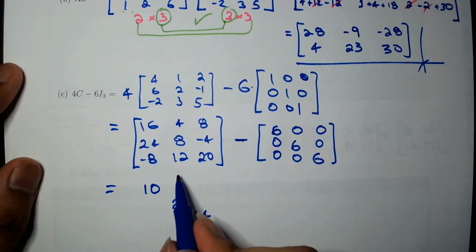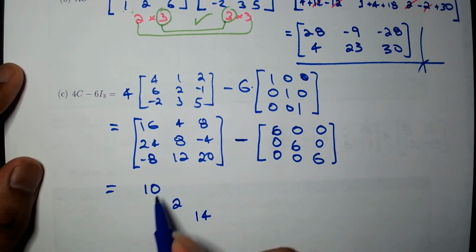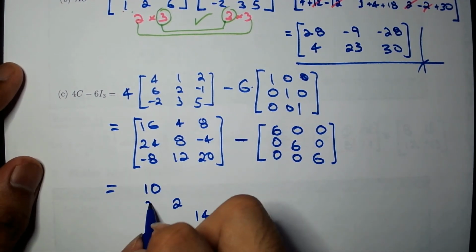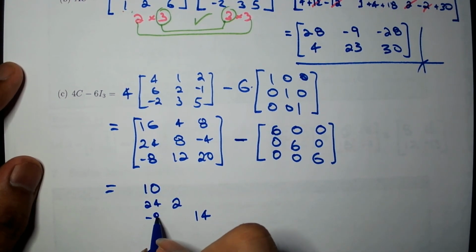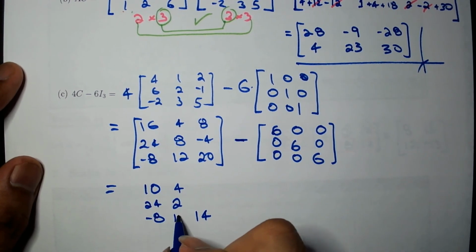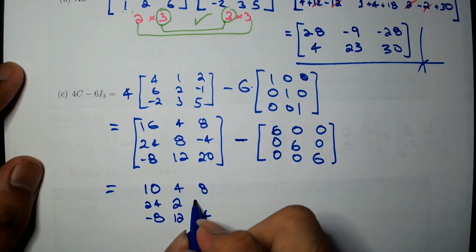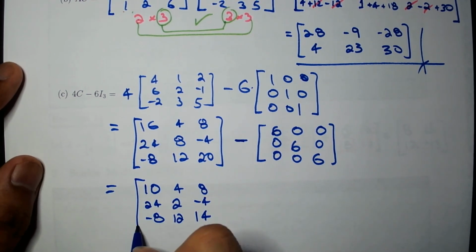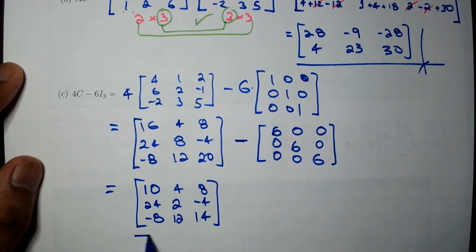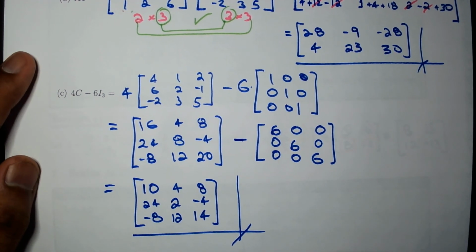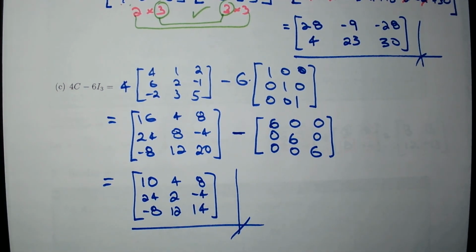And then the rest of the elements remain the same: 24, negative 8, 4, 12, 8, negative 4. Final answer. And this is a good place to quit. I'll see you in the next video.